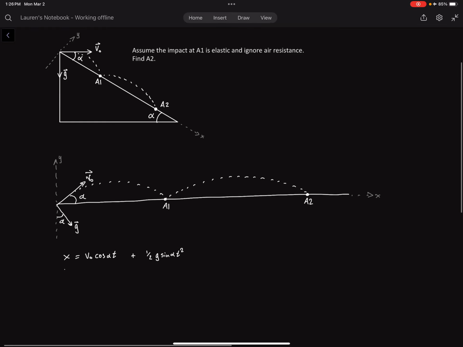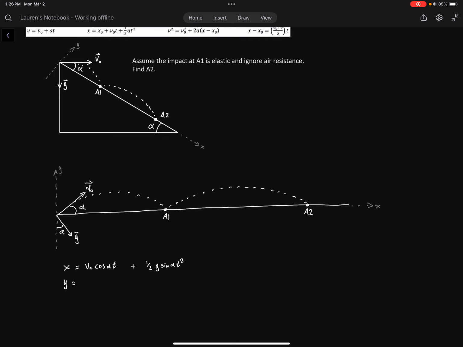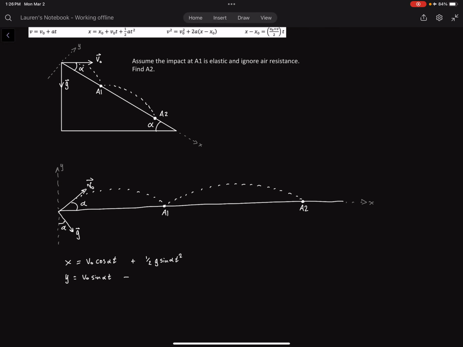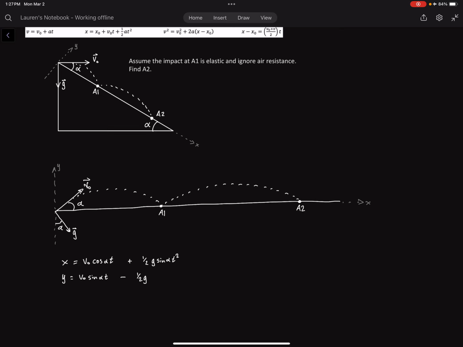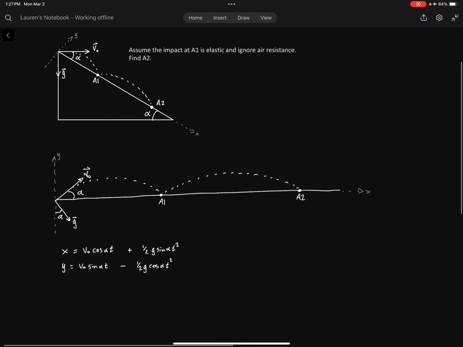For the y, we again have an initial y position of 0, and we have v naught sine alpha t, minus, because the y component of gravity points in the negative y direction, 1/2 g cosine alpha t squared, right? So there's our position projectile motion equations tailored to this new situation.